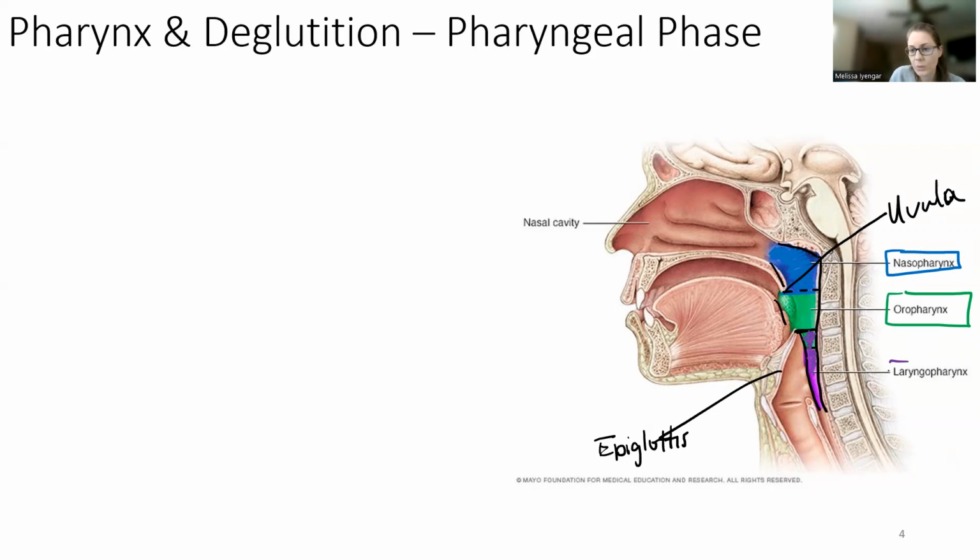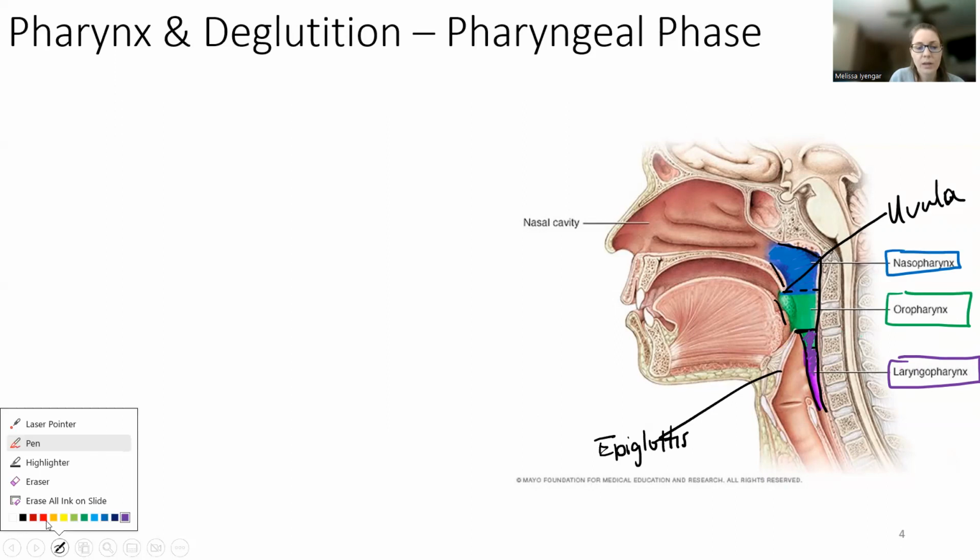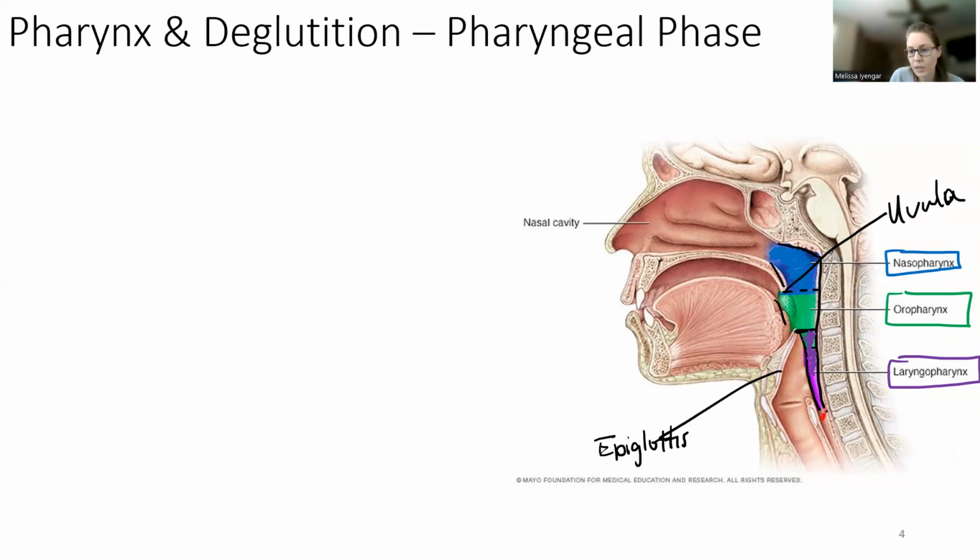And then we can say purple here. Purple is the laryngopharynx. This is posterior to the larynx and is going to be continuous with the next part of the gut tube down here that I'm going to put in red, and that's the esophagus. So you should see that the esophagus is posterior to the larynx, which means our airway is in front.